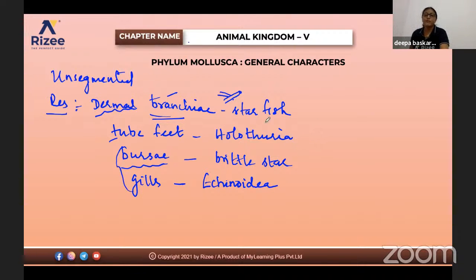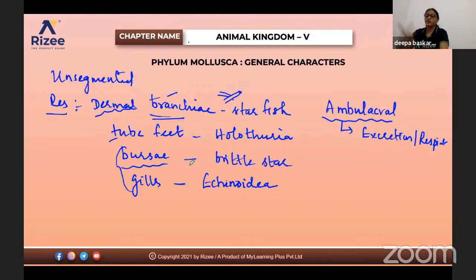And apart from that, the important one is the ambulacral system, that is, the water canal system. This is very much important for both excretion and respiration. What is the role of this water vascular system? Due to the circulating system, it also helps in locomotion.